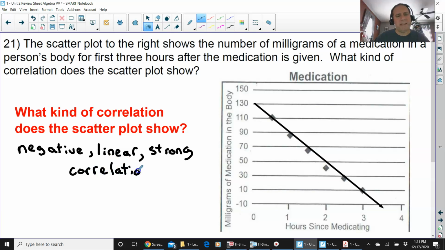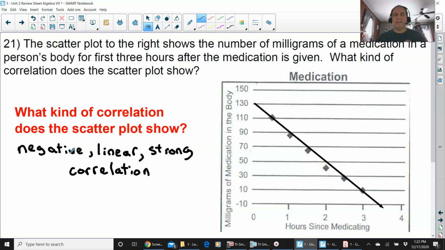You should know what each one of these means. Negative means down from left to right. Linear, a scatter plot is very rarely completely linear, right? A linear scatter plot means that you could draw a trend line and it represents the data in a way that the data is not curving in any way. This data is not curving in any way. It's straight, so we say it's a linear scatter plot.